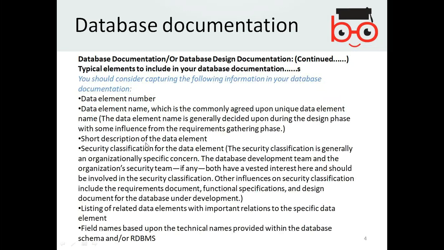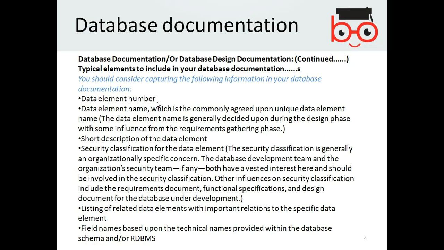Now, the database documentation or database design documentation. The typical elements to include in your database documentation are the following; you should consider capturing this information. The data element number. You remember that in previous lectures we focused that anything should be an element.